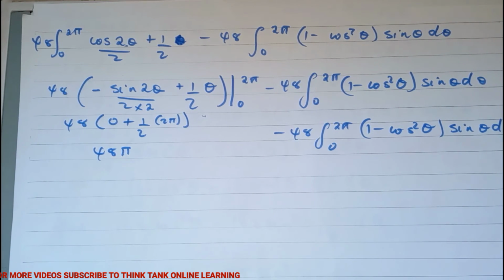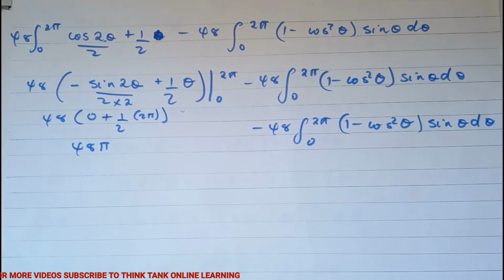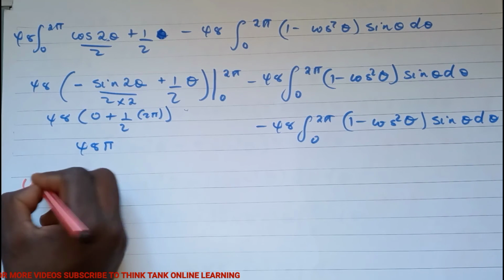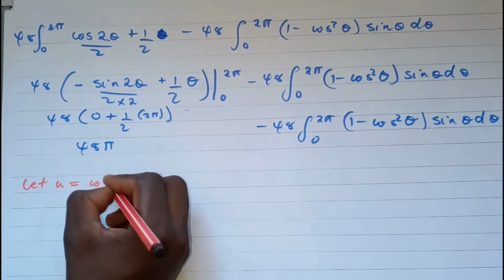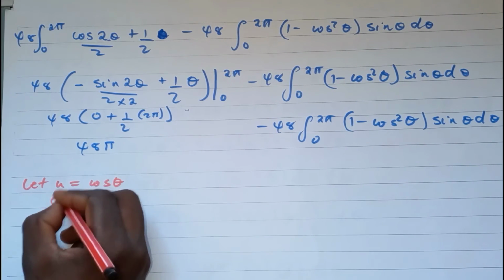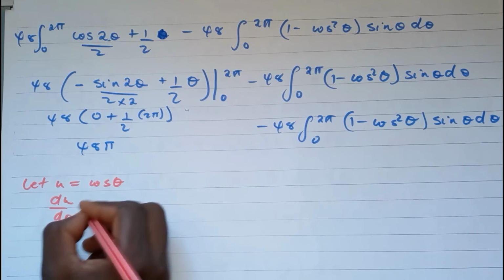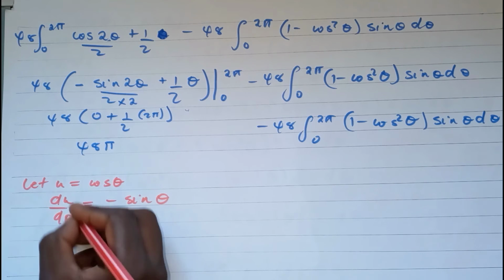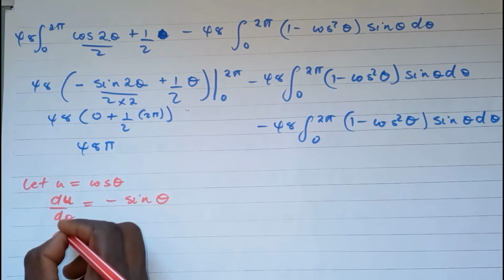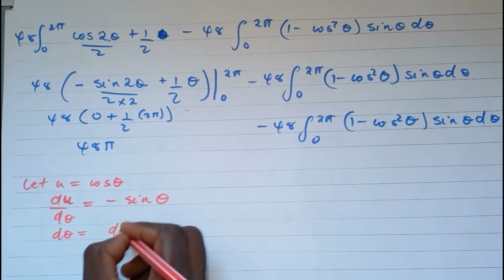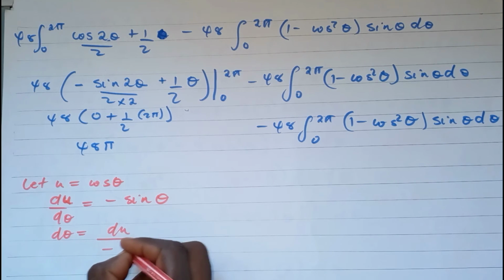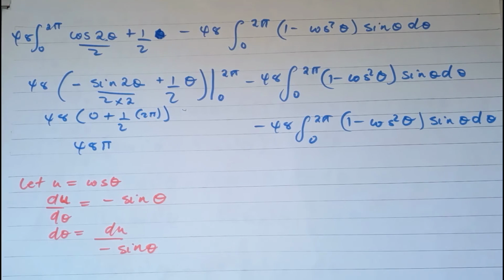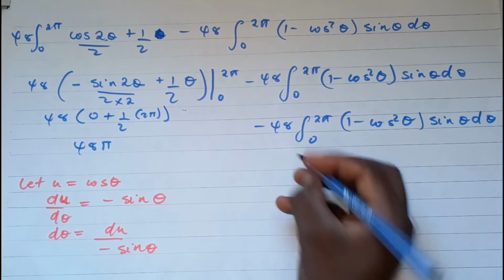Okay, so I'm going to use u substitution. Let u be equal to cos theta, so du d theta is negative sine theta, and if we make d theta the subject of the formula, we get du over negative sine theta. So I'm not going to change the limits.